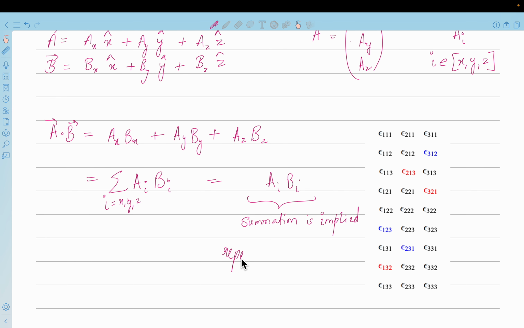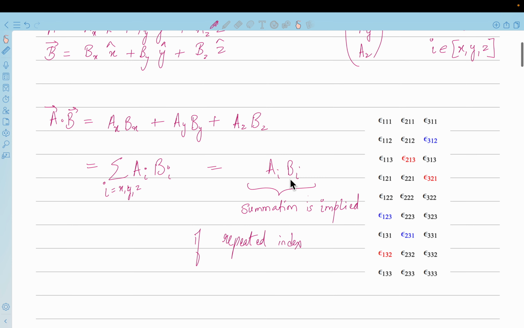So if there is any repeated index, then summation is implied. But if it was written ai bj, then we don't know what this means. It could mean ax bx, or it could also mean ax by, and summation is not implied.